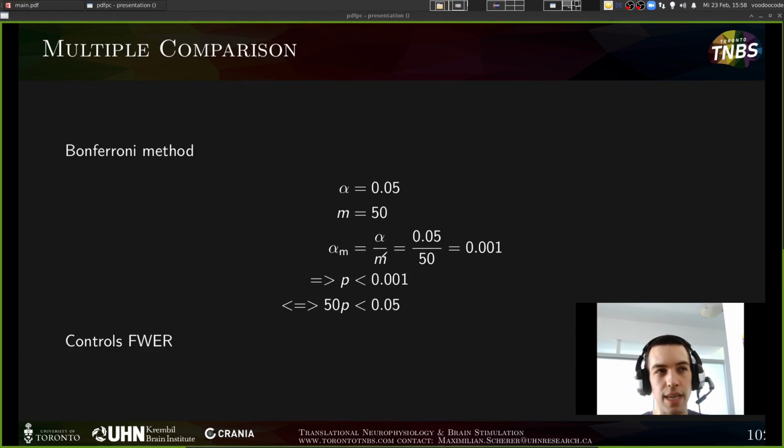But if those tests are dependent, or there was some common factor among them, 50 wouldn't necessarily be the right number to correct for. It would be lower, because 50 assumes that all of these effects are independent. So you have to keep that in mind.